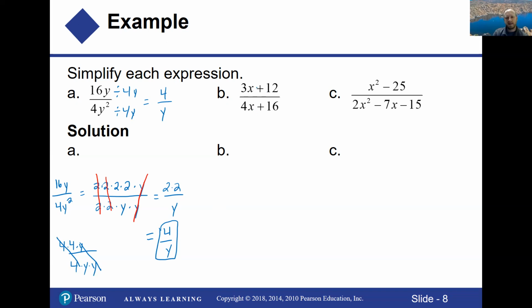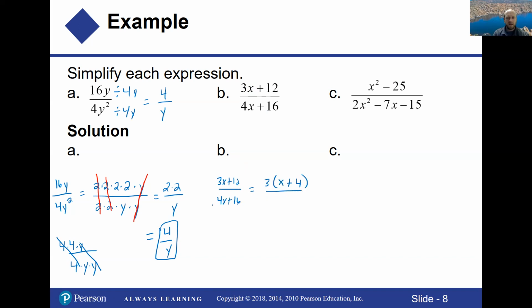The next one is 3x plus 12 over 4x plus 16. You'll recognize this, going back to chapter 6, that we can take out a 3 from the 3x plus 12. So let me rewrite this. On the top, I can factor out a 3, and then I have x plus 4 left over.